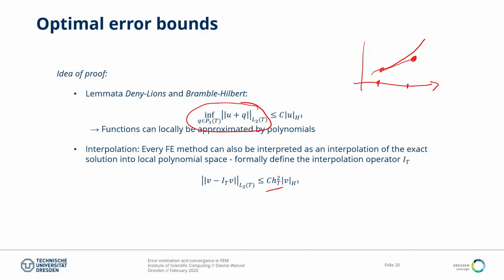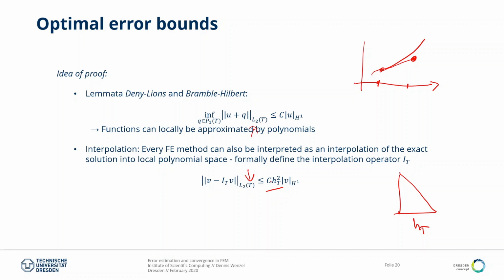And if you combine those two parts, then you can already see this always involves something with the gradients here, so this H1 semi-norm, and here in the interpolation error it also involves the grid width. And by considering this only locally, because this is L2 on T and this is also L2 on T, by considering this only locally on some triangular cell where you have this edge length h_T here, that's why we have this dependence on the step size here.